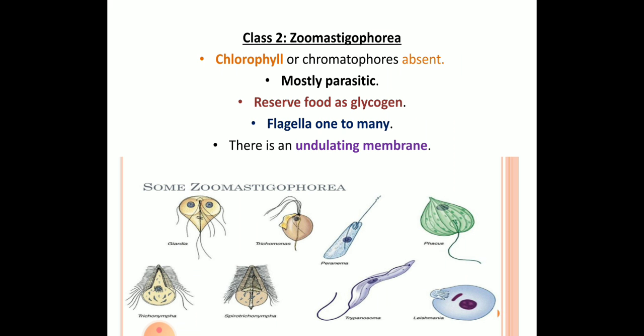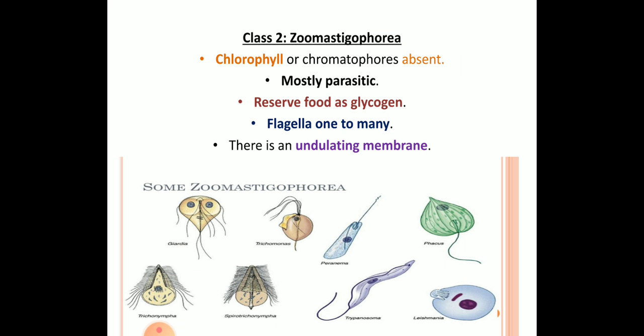So coming to class 2, that is Zoomastigophora. So now zoo means what? They are related to animals. So there will be no chlorophyll. So chlorophyll will be absent and they are mostly parasitic forms, and reserve food material will be glycogen, because in human beings also, if you take related to animals, so as I said Zoomastigophora, so glucose will be maximum present.